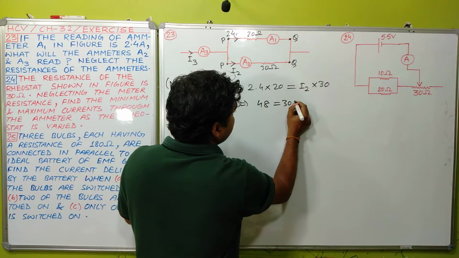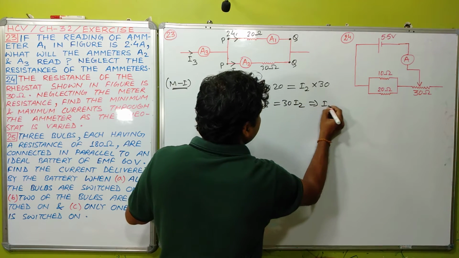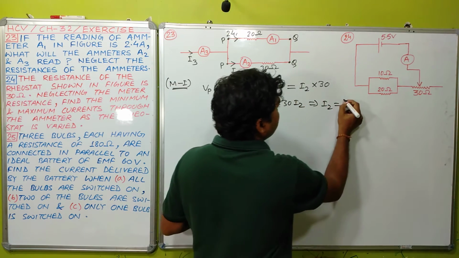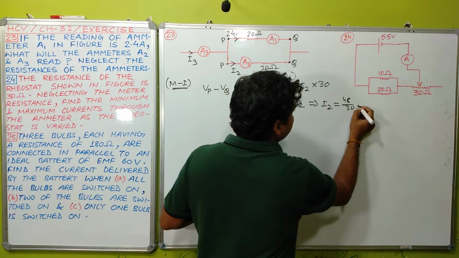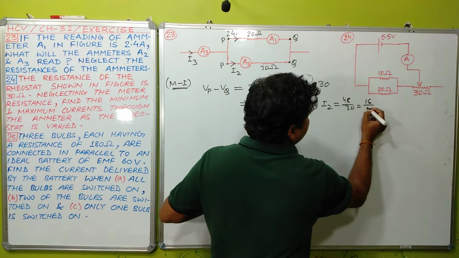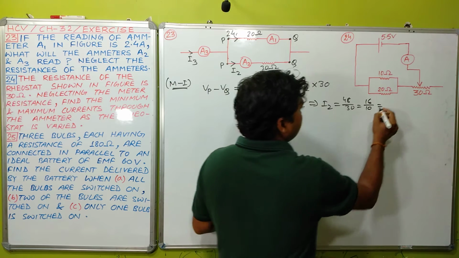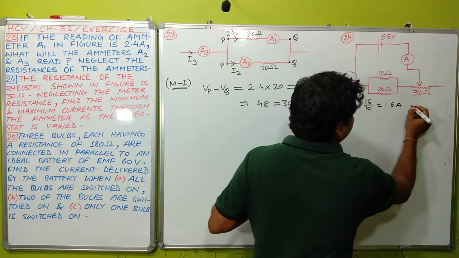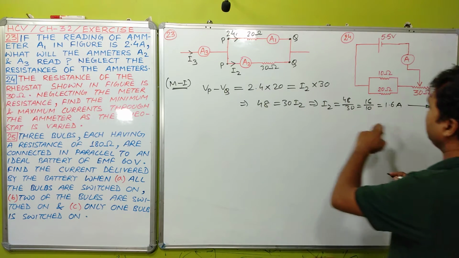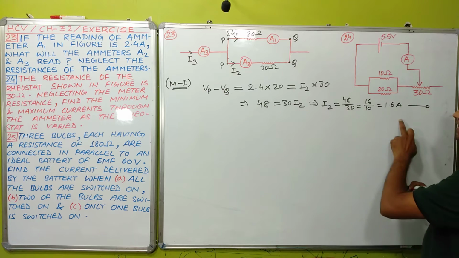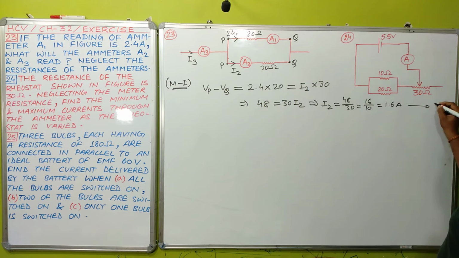So 48 equals 30 I2, and from here the value of I2 is 48 by 30, which is 1.6 ampere. This is the reading of ammeter A2, and this is your answer.